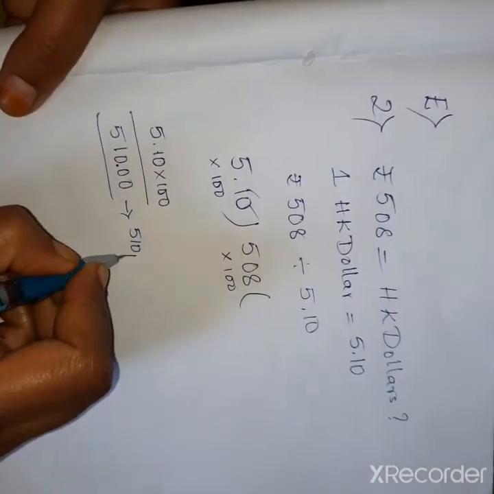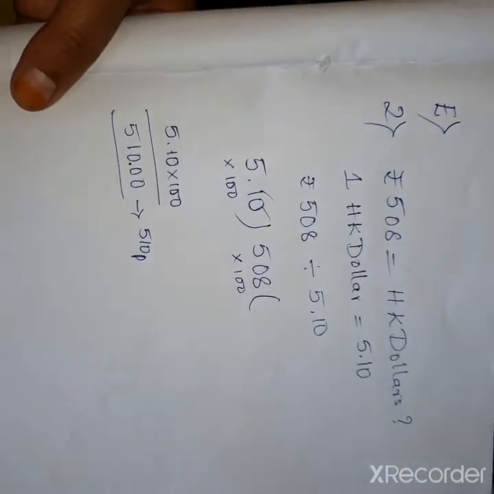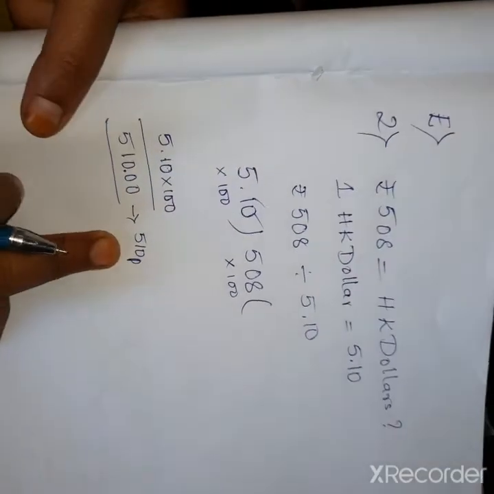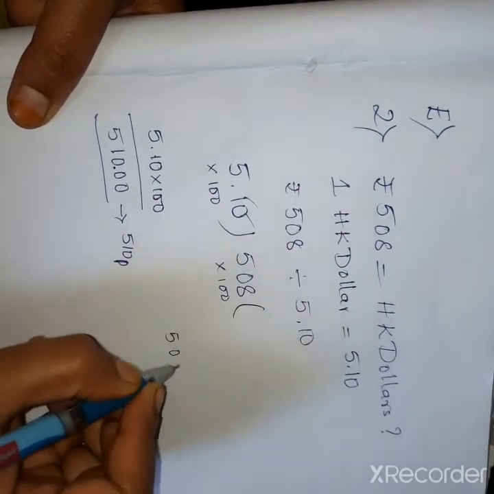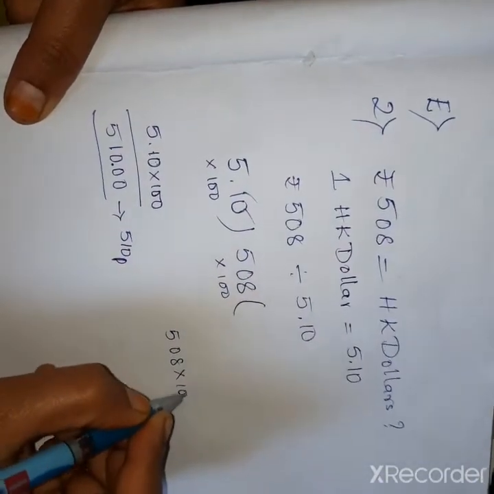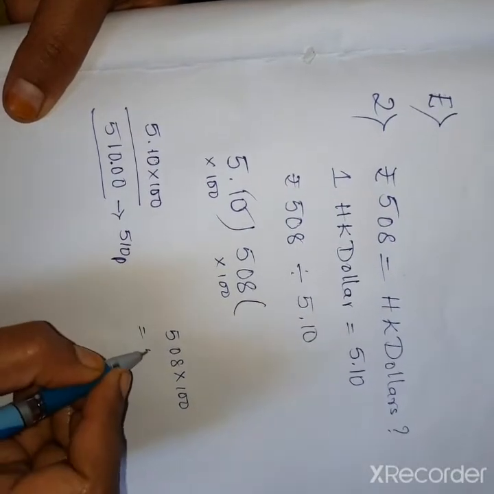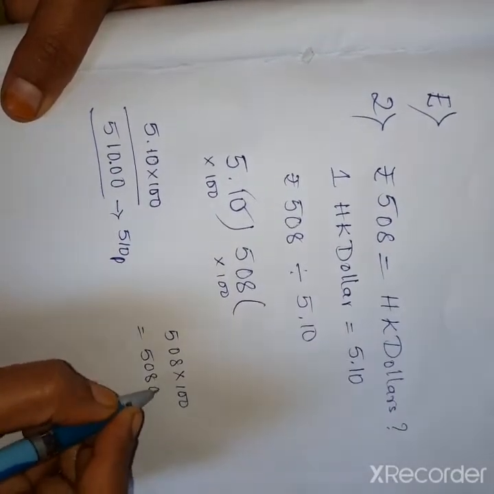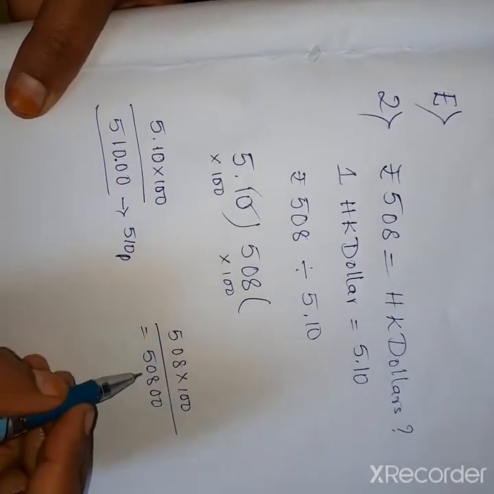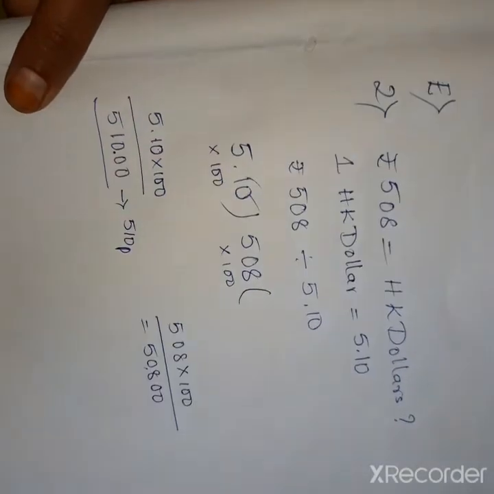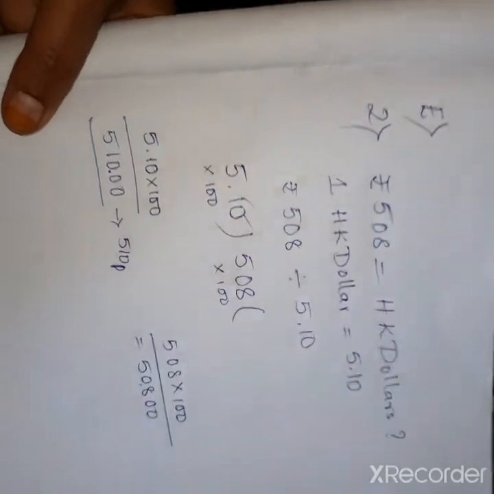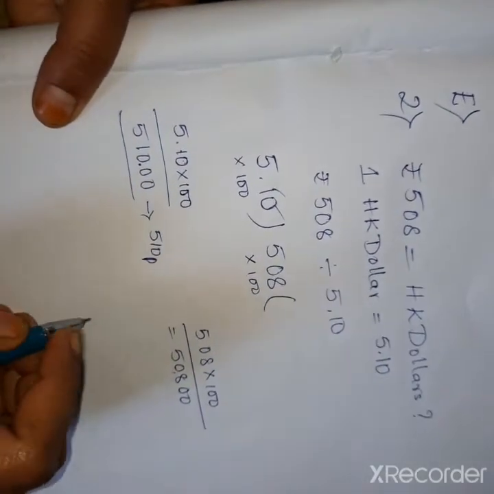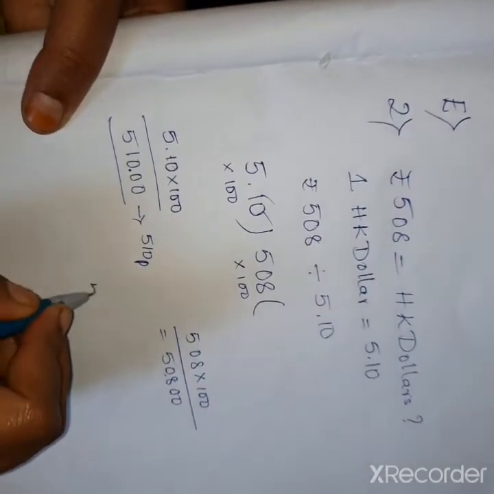Remember, this is paisa. 510 paisa, and this 508 into 100 gives us 50800. So this is 50,800. Okay, so now we have to do the division.